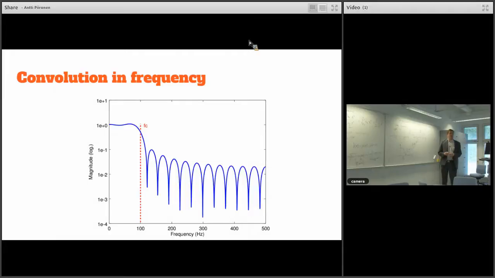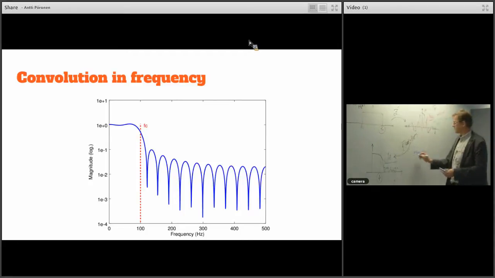So the attenuation actually depends on the window shape. Where this boundary kind of shape for the attenuation comes from, it can only come from the window.